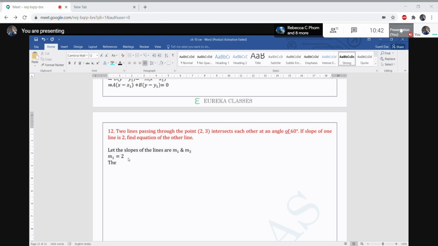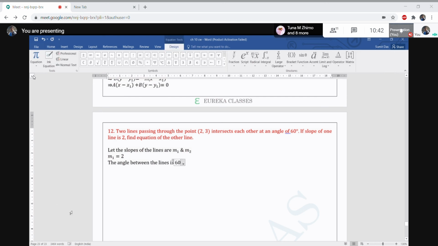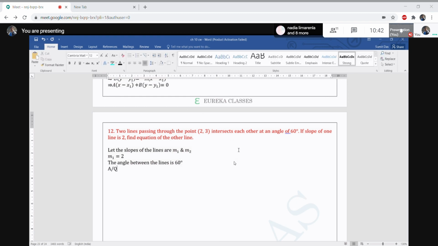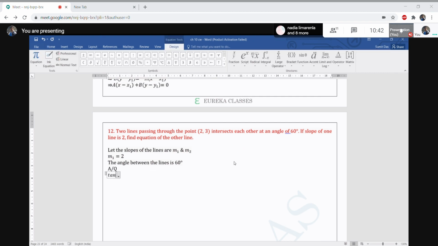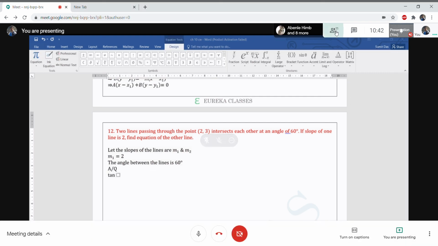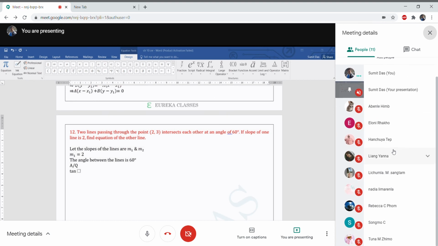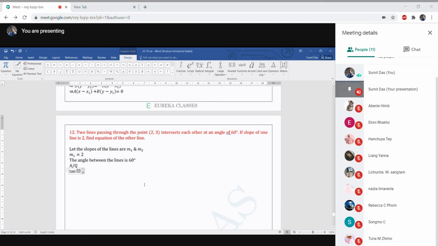The angle between the lines is 60 degree. Therefore, as per question, tan 60 degree is equal to, same formula, modulus of m2 minus m1.